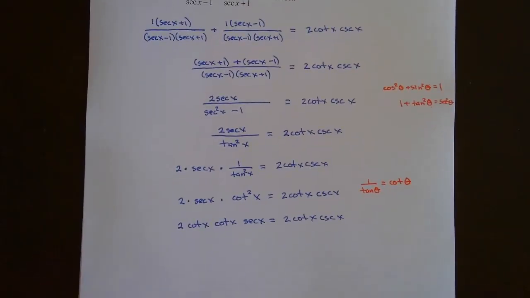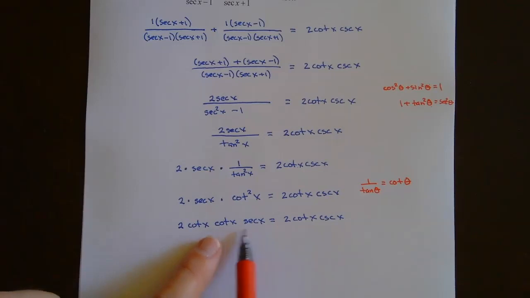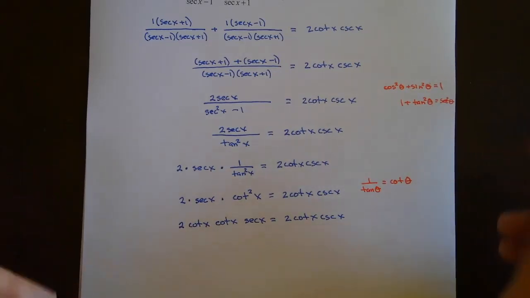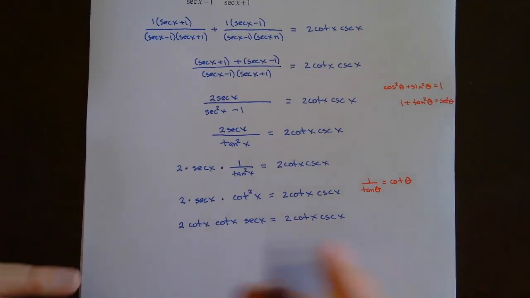Okay, so how do we get to here? We have a part of it, right? We have the 2 and we have the cotangent x. Somehow this is going to have to become the cosecant x, right? So what else could you do? Well, it's step number 2. There's nothing else you could do right now other than switch things to sines and cosines, okay?